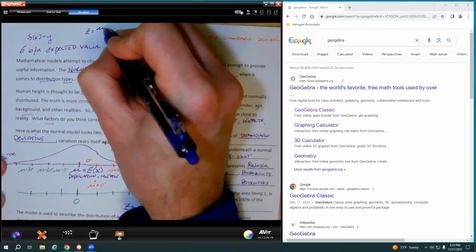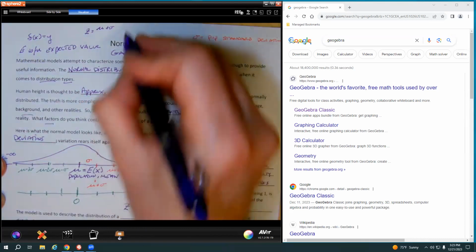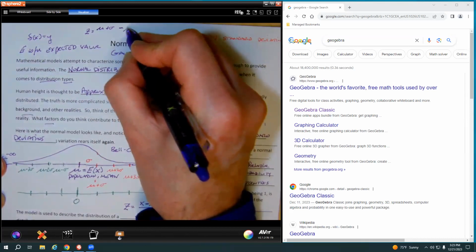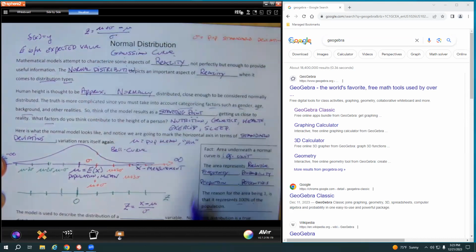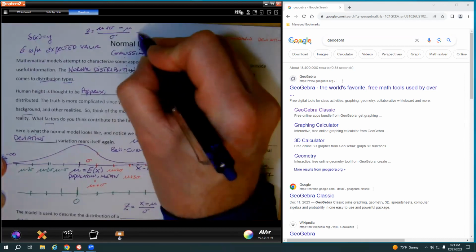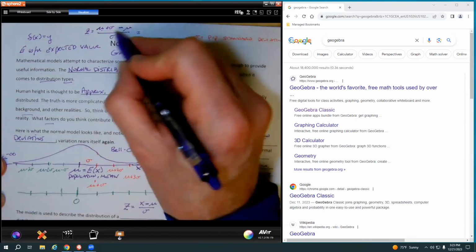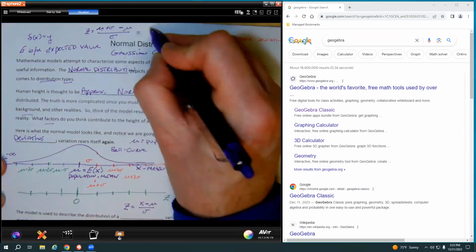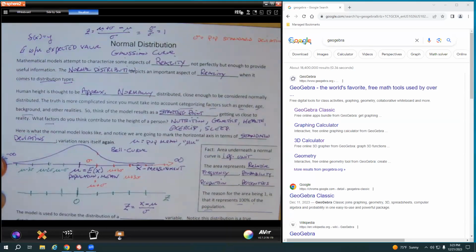This value is mu plus sigma. That's the x. But I'm subtracting mu and dividing by 1 sigma. When I do this, mu minus mu is 0, 0 plus sigma is sigma, and I have sigma divided by sigma. This is 1, so this is 1 standard deviation.